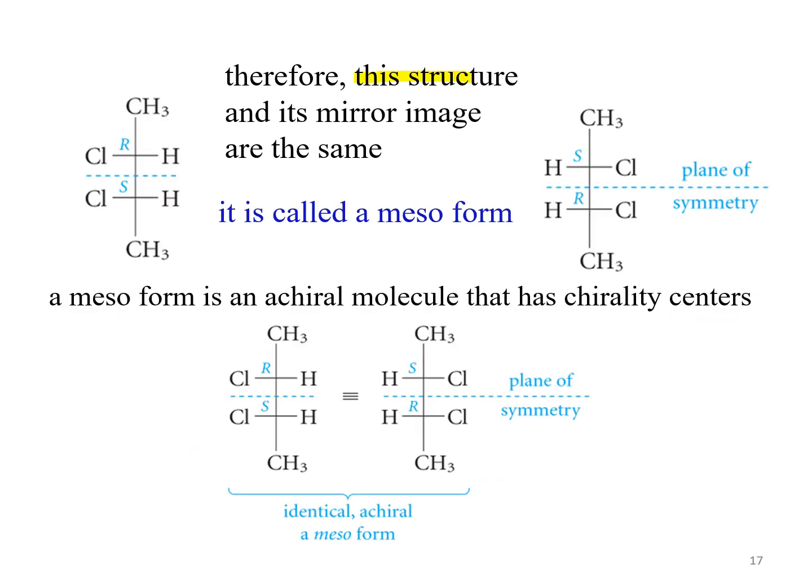So this structure and its mirror image are basically the same, which we call the meso form. They are identical. So a meso form is basically an achiral molecule that has chirality centers in it. There are some chiral centers present in it, but overall the molecule is known as achiral.